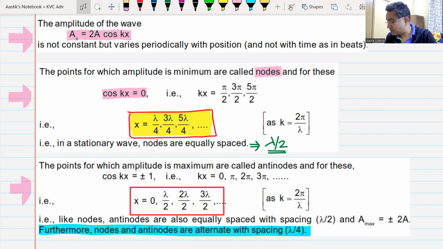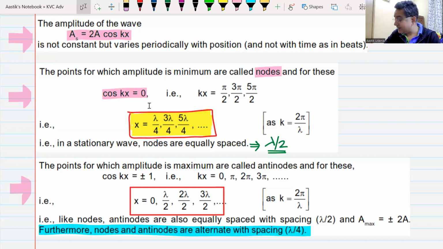Similarly, the distance between a node and an antinode would be lambda by 4.